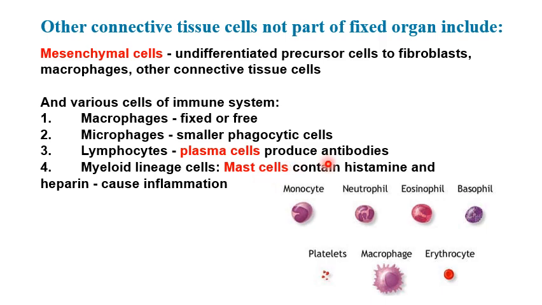And does anybody know what the histamine is good for? Yeah? Well, actually, histamine causes inflammation, but you're on the right track. So when you have an allergic reaction, you usually take an antihistamine to quiet down the histamine. And interestingly, histamine is also an excitatory neurotransmitter.